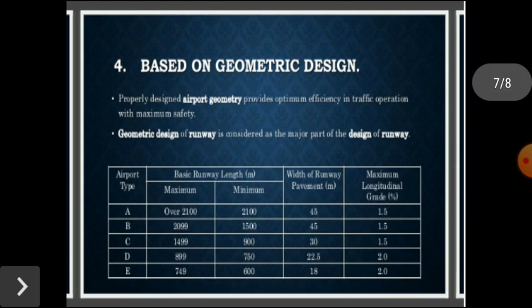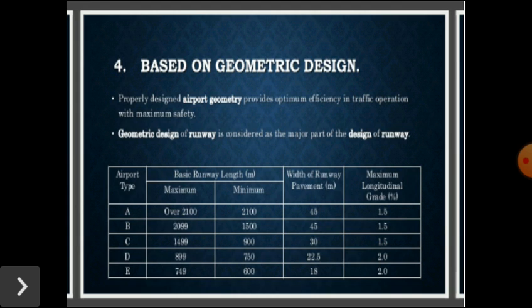Next, based on geometric design. Geometric design classification is based on basic runway length, the width of runway pavement, and the maximum longitudinal gradient. Airport types are classified as A, B, C, D and E. For type A, the basic runway length should be over 2100 meter.